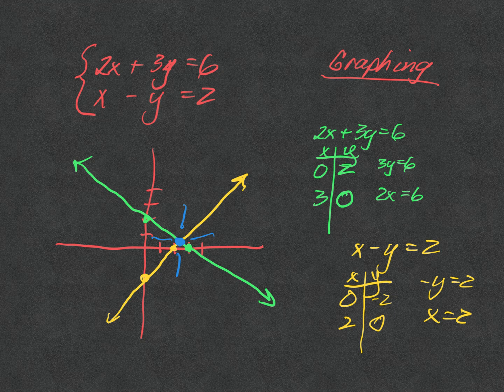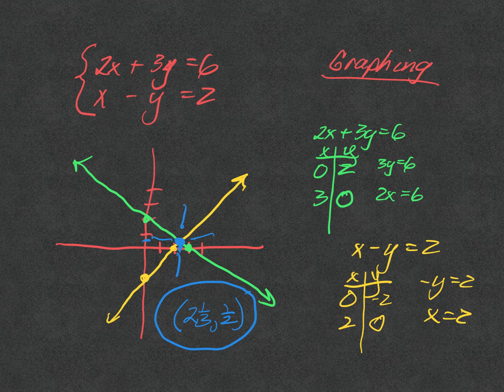We could look at that on the graph, and if it was a nice point, we could guess at what its values are. To me, that ordered pair looks like about (2 1/3, 1/2). So that's my guess at the solution.